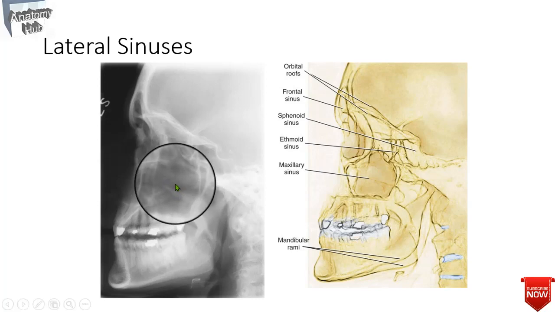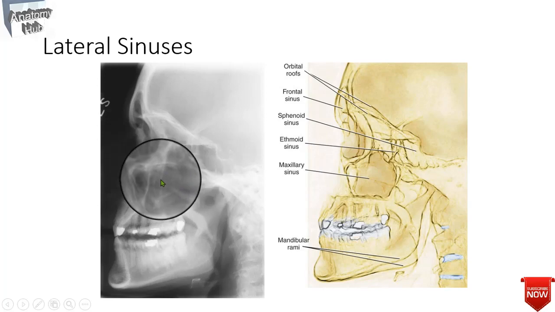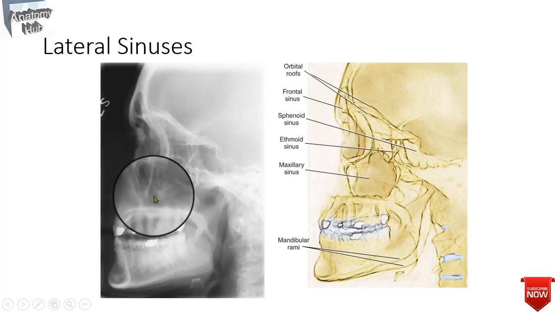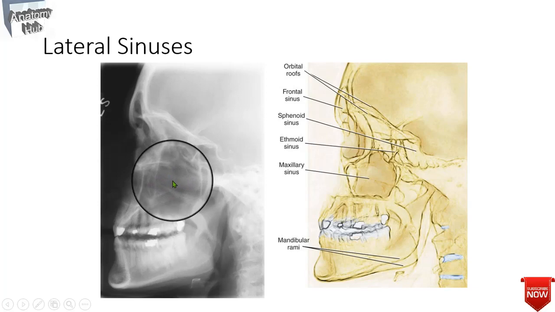But if the sinus is filled with fluid, then it will become very dark, and the dark patch will be visible over here. That will indicate that there is some infection or inflammation that collects mucous fluid inside the sinus.